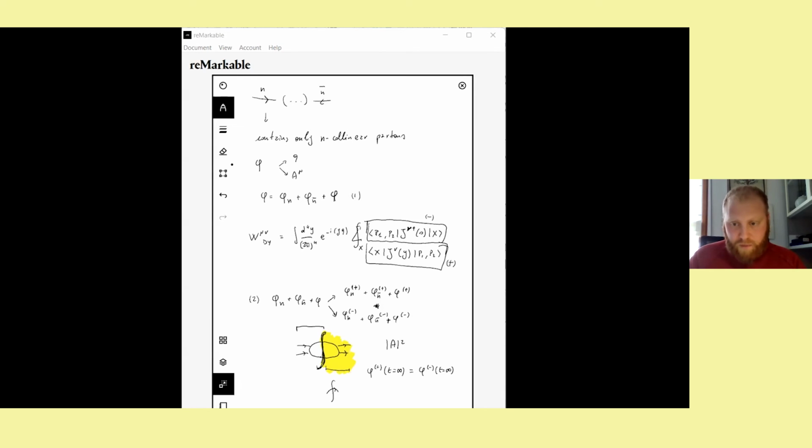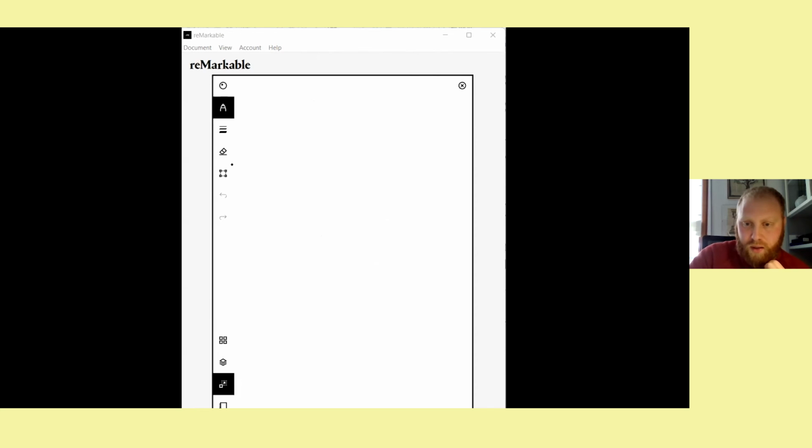Now you basically have all the ingredients, and we can write our hadronic tensor using these two decompositions. Basically, you introduce the two decompositions, and you just write it in the functional integration way.